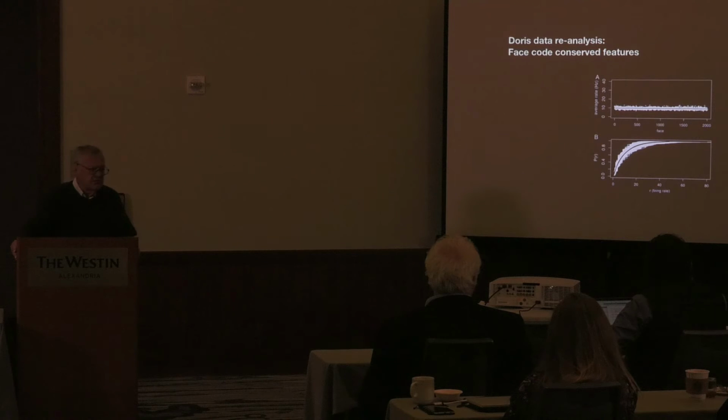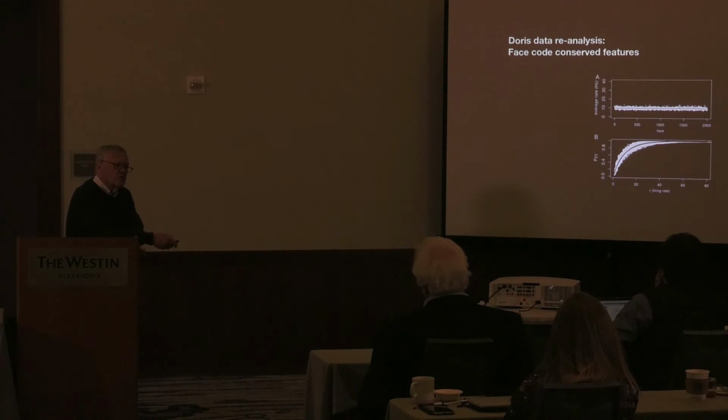Okay, now what is the face code that Doris uses? This graph here is face 1 through face 2,000, 2,000 superimposed points, and this is the average rate of firing for those cells that fired spikes.